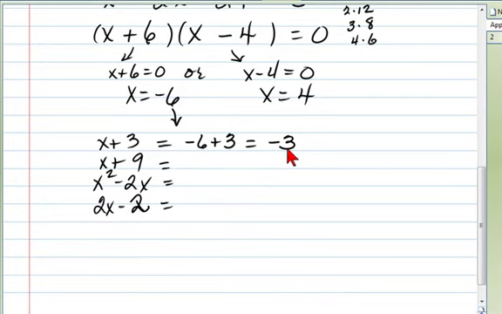No. So I'm going to back off and say negative 6 is not a valid answer to this problem because it gives me a negative length. So, although algebraically it is an answer to the equation, it cannot be an answer in this real life setting. So I throw that away.